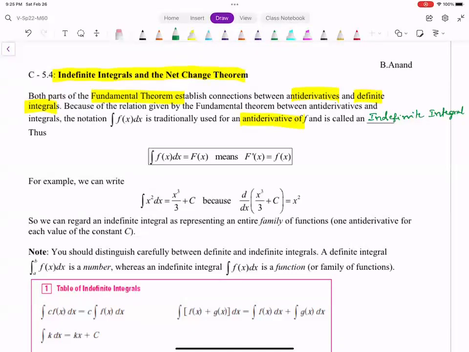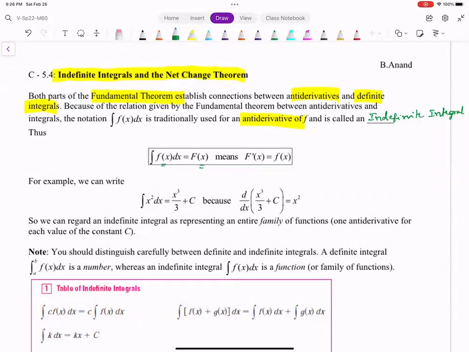Thus, integral f(x) dx equals uppercase F of x, which means if you take the derivative of the antiderivative, you get the original function back. So integral of lowercase f of x dx is uppercase F of x, and the derivative of the answer, uppercase F prime of x, equals lowercase f of x.